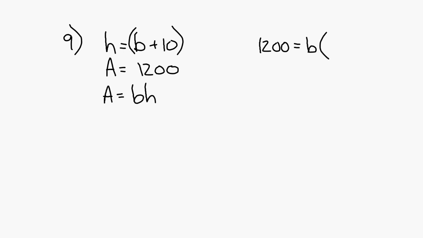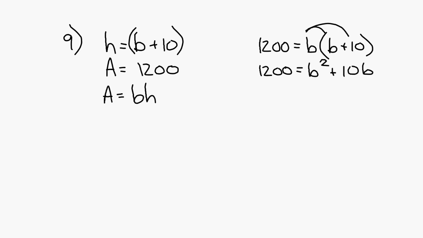Now you have to do the distributive property. So your 1200 equals b squared plus 10b. Now you've got to get everything on the same side of the equal sign. So you're going to subtract 1200 from each side.